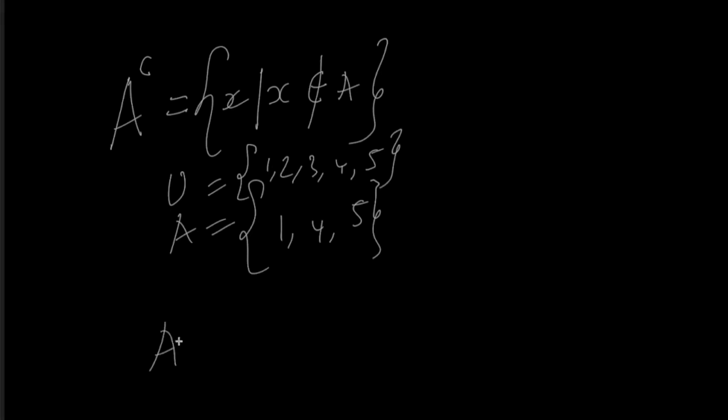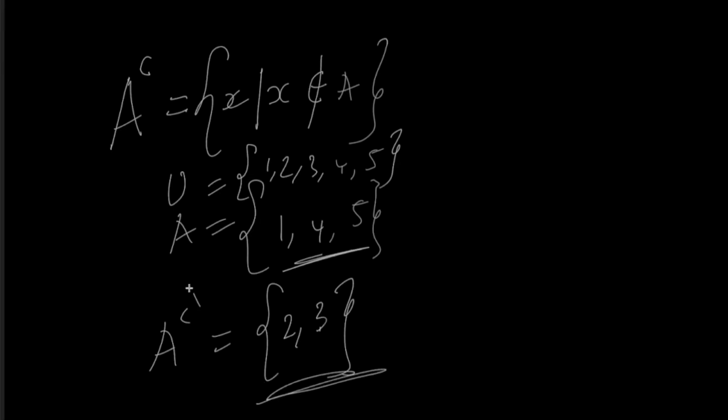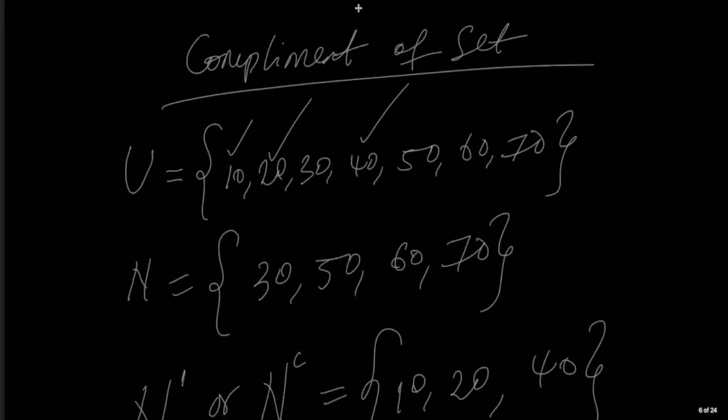So A complement is equal to {2, 3}. As you can see, all these elements are not in A. 2 is not here, 3 is not here. That is why we are saying x is not an element of A. These guys, which are the complement of A, are not elements of A. That's what this place is saying.